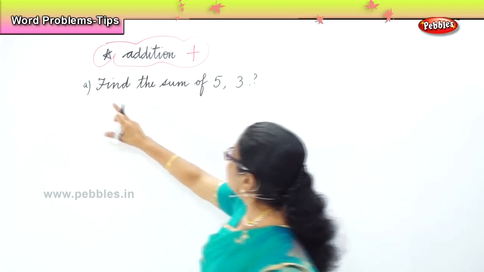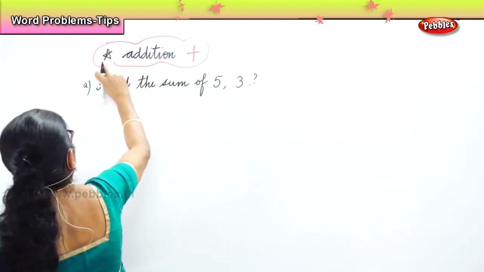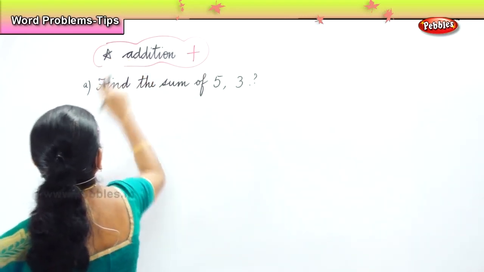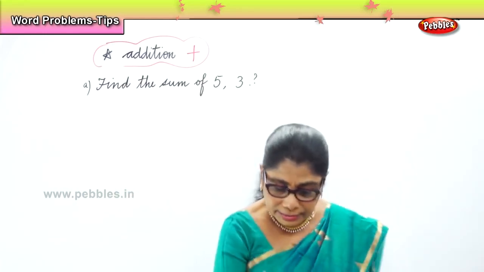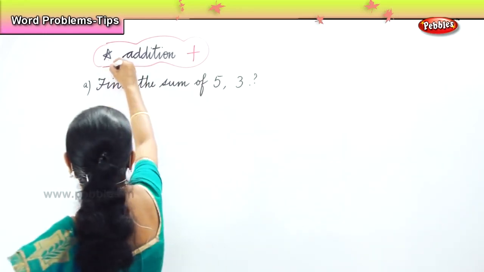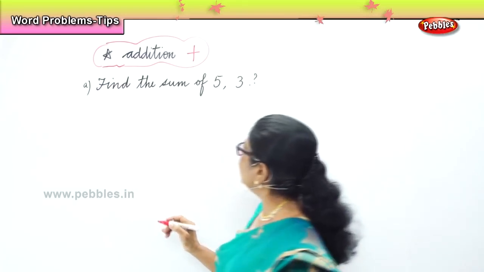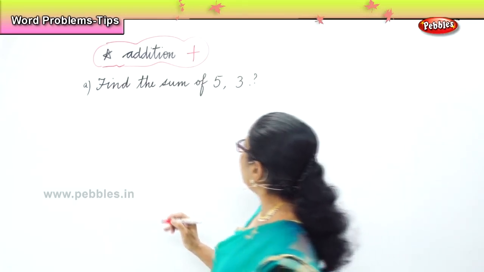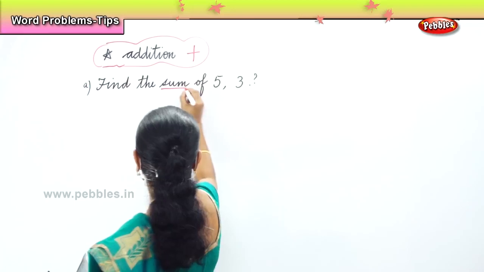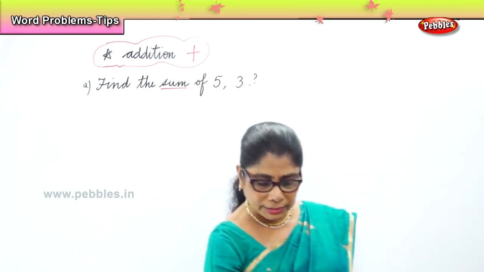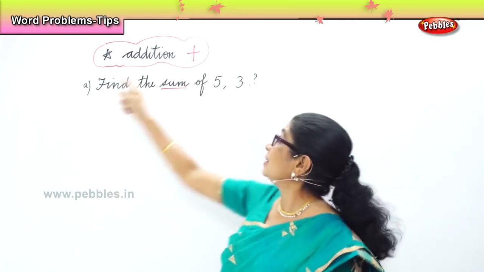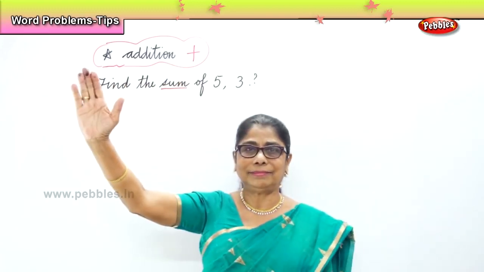Understand addition, okay? Further addition we are doing. To understand word problems in addition, what are we doing? Find the sum of 5 and 3. When you talk about sum, what are you talking about? Sum means addition, add.